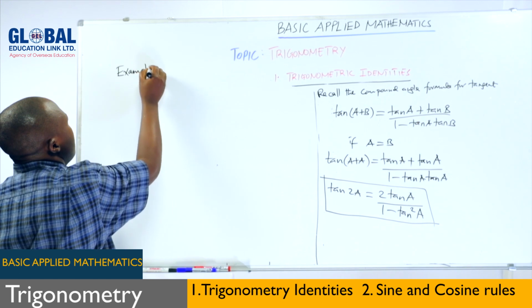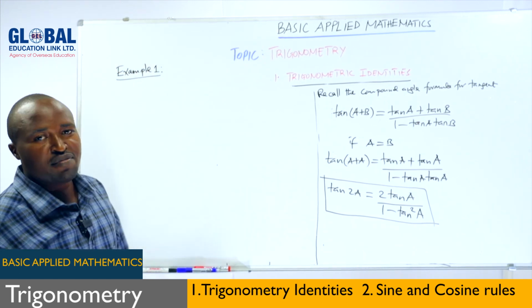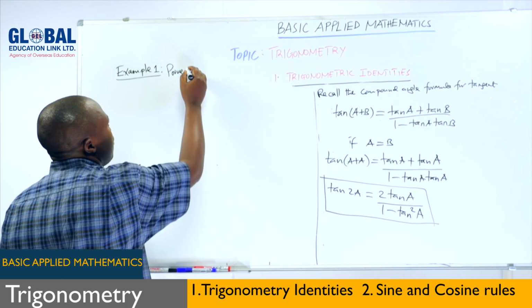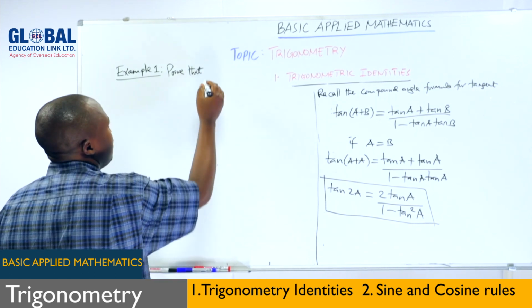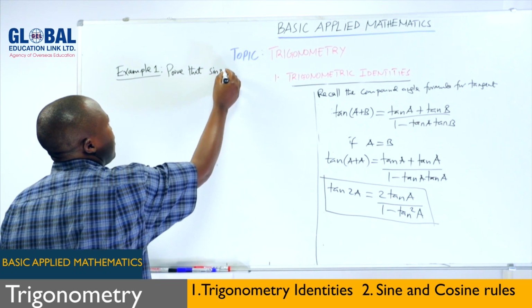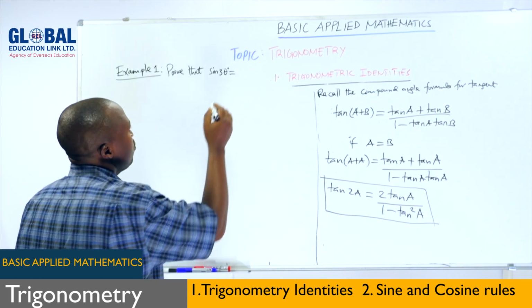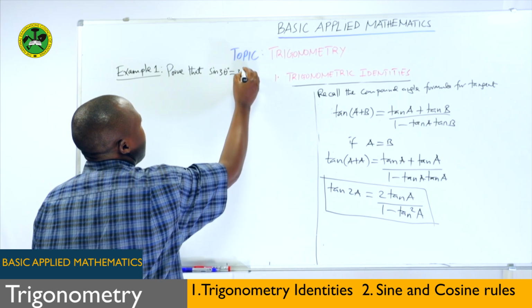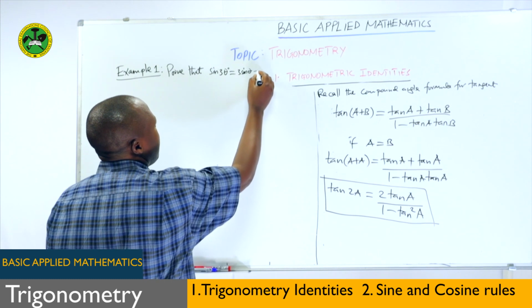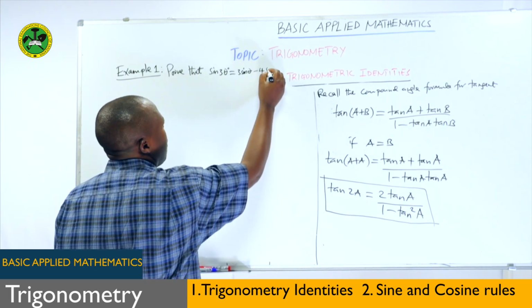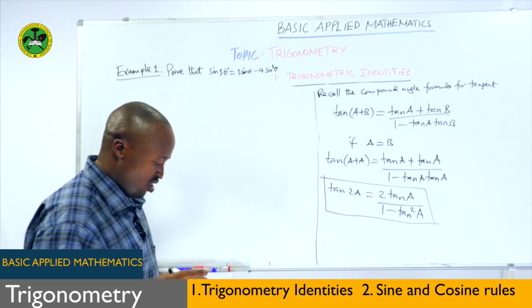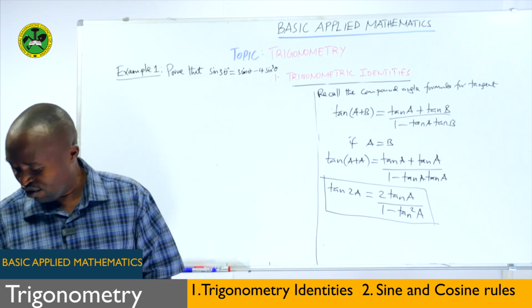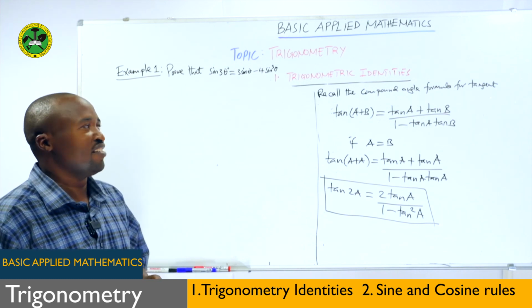Example 1: Prove that sine 3 theta is equal to 3 sine theta minus 4 sine cubic theta.